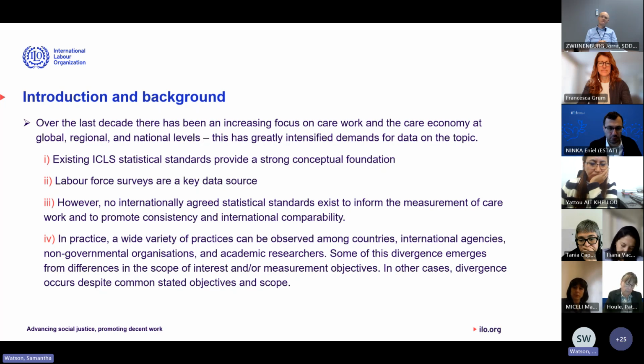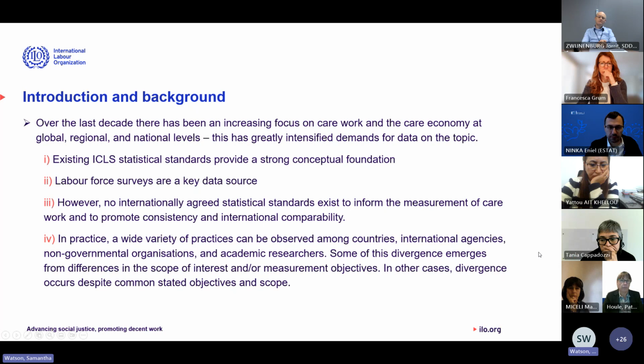So the request from constituents is to develop one in order to promote consistency and international comparability. In developing the room document and the foundation for the work, we've been reviewing practices in countries, among international agencies and in academic research, and there's a lot of divergence, some of it coming from differences in the scope of interest, but sometimes just in the absence of these statistical definitions.